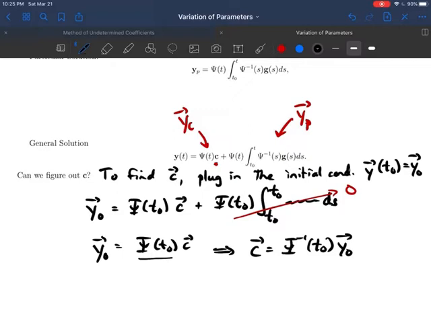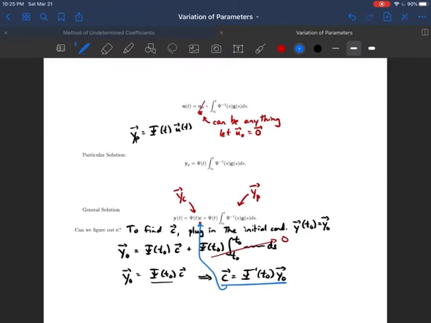All right, and last but not least, in order to have the variation of parameters formula, we take this formula for C and plug it in right there for C. And that will give us our final version of the formula, the variation of parameters formula.